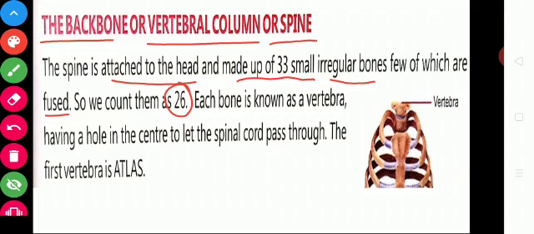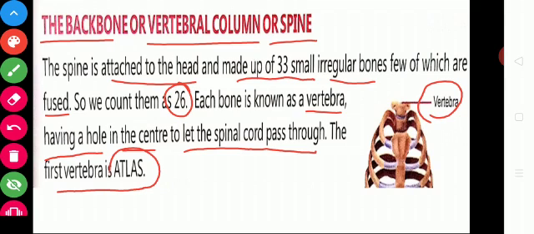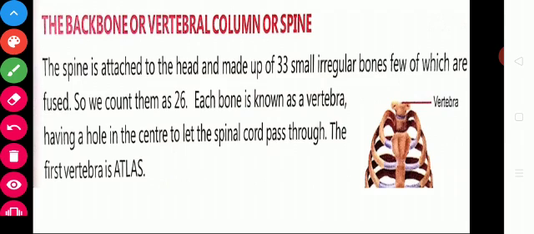Each bone is known as a vertebra, having a hole in the center to let the spinal cord pass through. The first vertebra is atlas.